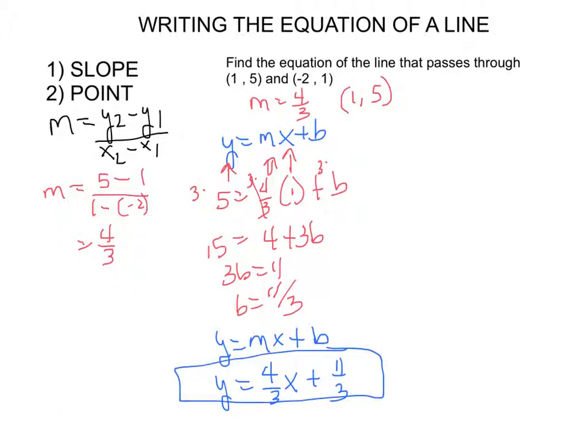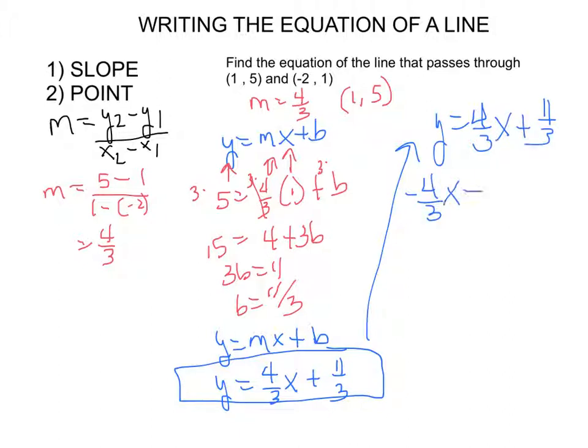Again, let's just quickly run through what we're going to do if we want to put this in standard form. So we take our equation. The first thing we do is we're going to bring our x over to the other side. Then we have to get rid of all the fractions. So again, as a reminder, we multiply every piece of this by 3.